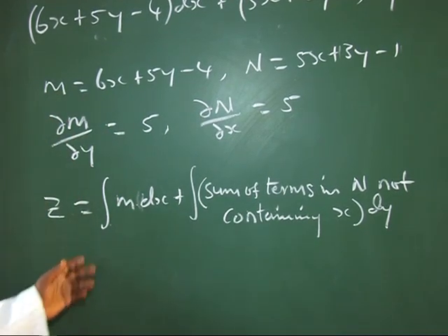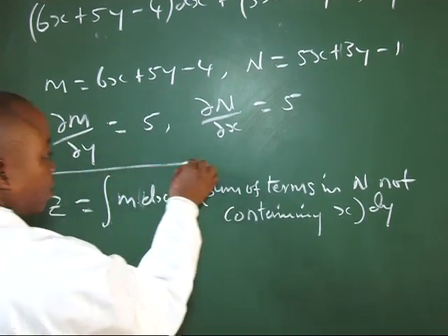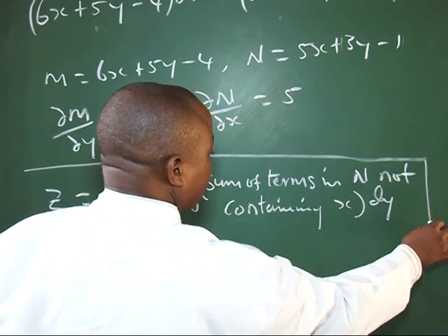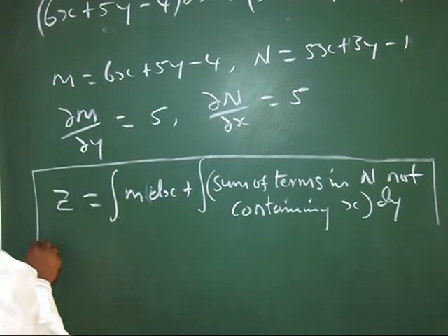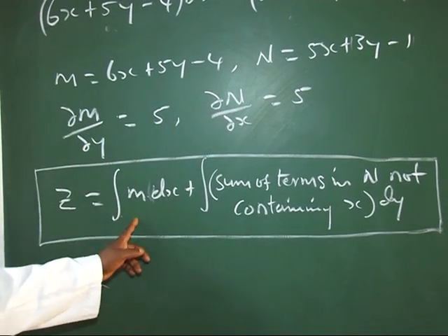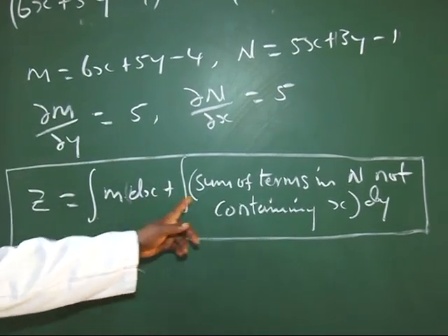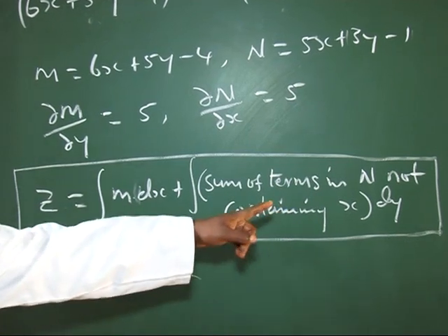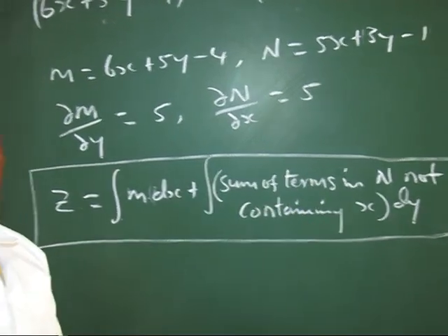And look at the pattern I'm using. If we use this, we can also reach the same point. z will be equal to the integral of M dx plus the integral of the sum of terms in N not containing x.